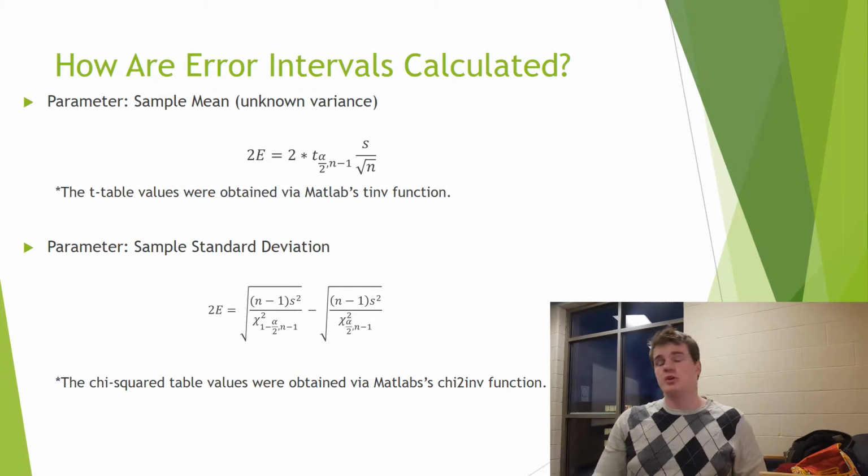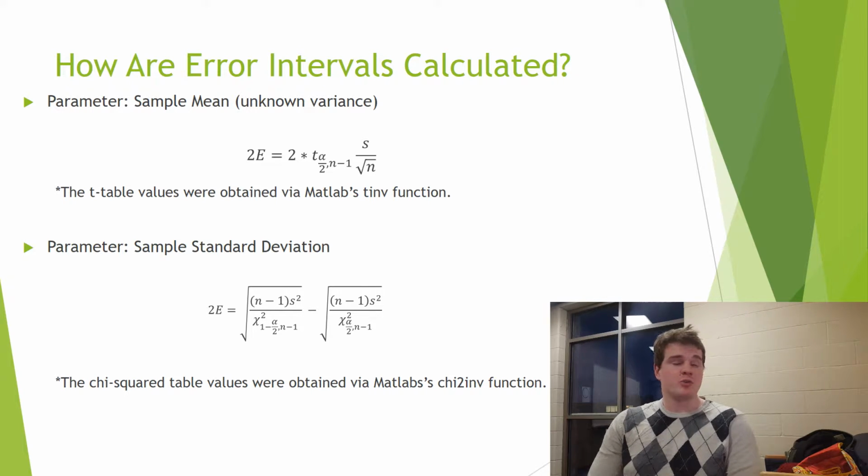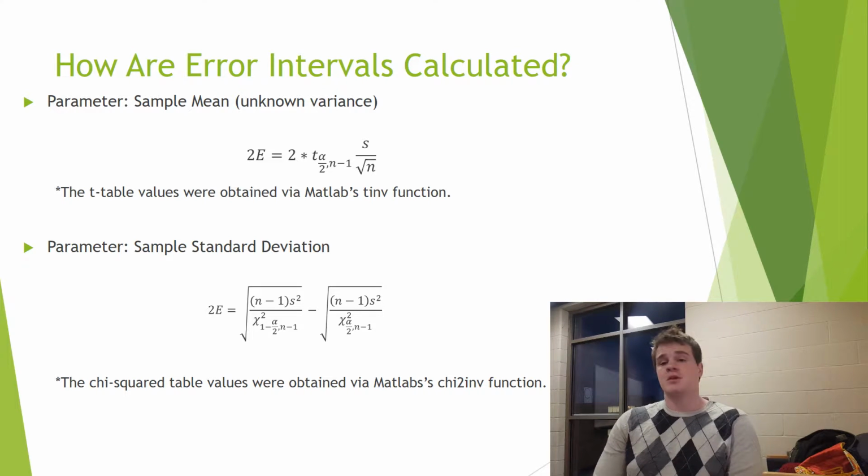So how did we calculate the error intervals for each sample that we used? Well, we started from the equation for confidence interval and then obtained an equation shown on the slide above me. And now these t-table values were obtained using MATLAB's t-inverse function, which basically just spits out a t-table value depending on your degrees of freedom and your alpha value.